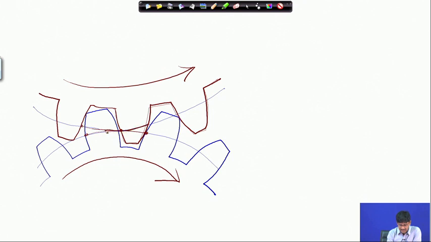So, we can say these two distances have to be the same on these two gears. And what is this basically? It is pitch circumference divided by the number of teeth.